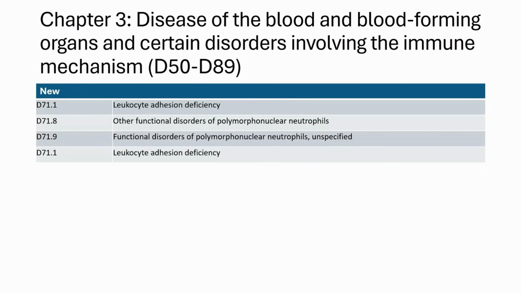So we see some additional codes now in our category D71 to support that, so they can have that information for preventative studies, clinical trials, and therapies that aim to delay the onset of RA.